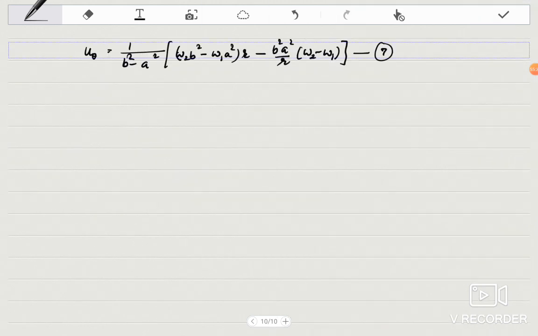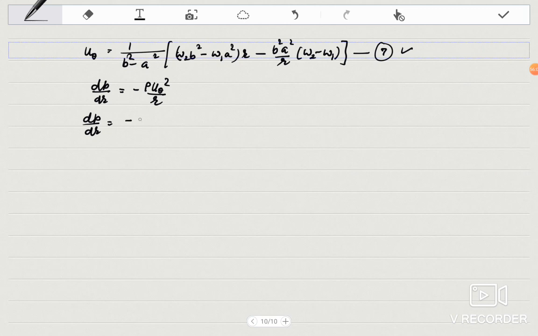This is velocity distribution. Now if you want to calculate the pressure, we get the equation dp by dr is equal to rho u theta square upon r, which I told you that we will use for the calculation of pressure distribution. So you can very well put the value of u theta square from here.